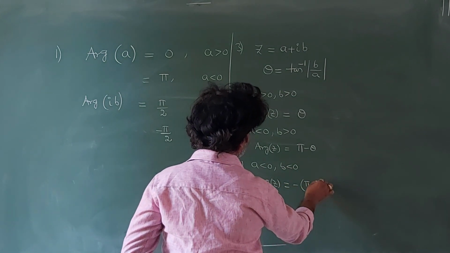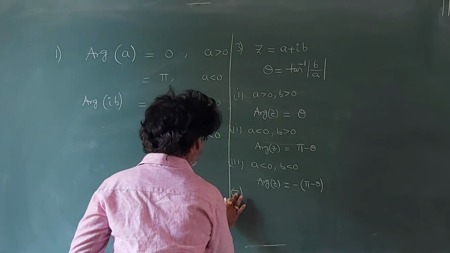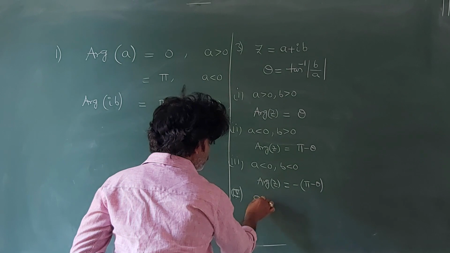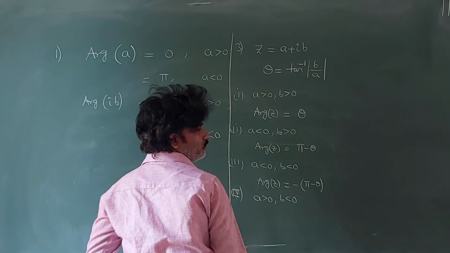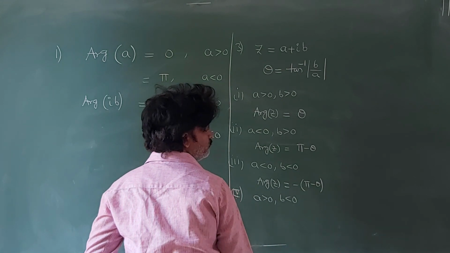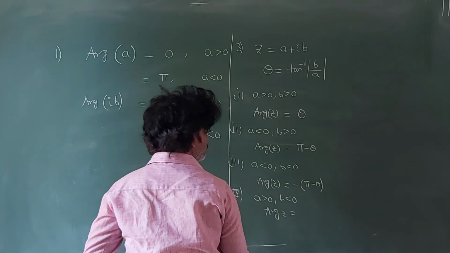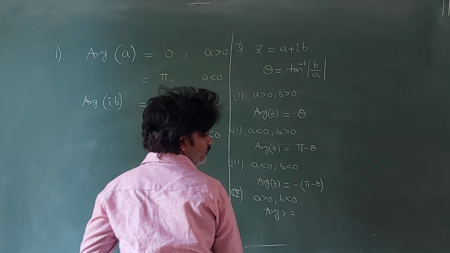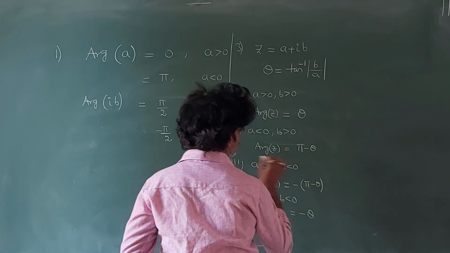Next, suppose a is negative and b is negative, both real and imaginary parts are negative, then the argument of the complex number is minus of pi minus theta. Fourth, suppose a is positive and b is negative. Then the complex number lies in the fourth quadrant, and its principal argument is minus theta.